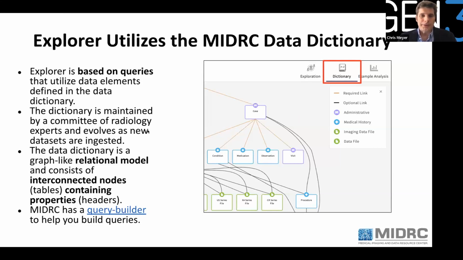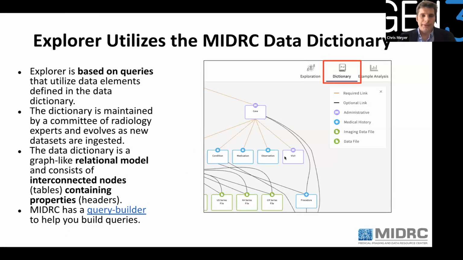I do want to point out that even though the Explorer presents a graphical user interface that makes it easy to do cohort selection, on the back end there is a relational model, and that relational model is what our data is ingested into.